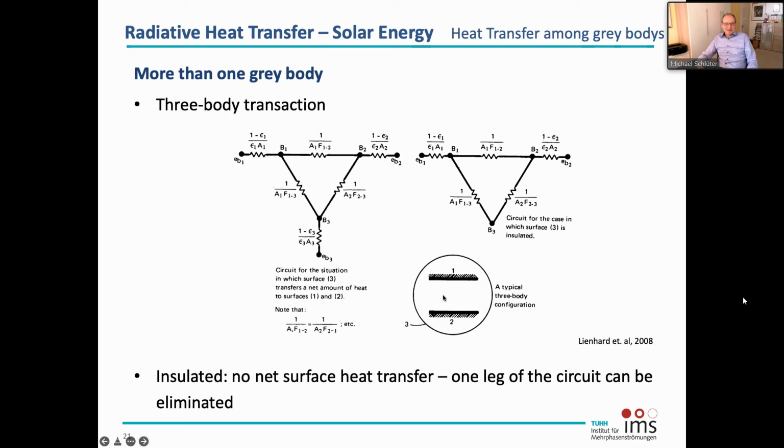And in this case, we have to think about how to calculate this again. So we have plate 1, plate 2, plate 3, and each plate has its own black body emittance. Here we have plate 1, so this is EB1. So the emittance starts from here. Then we have a gray body approximation as well. This is this one here.